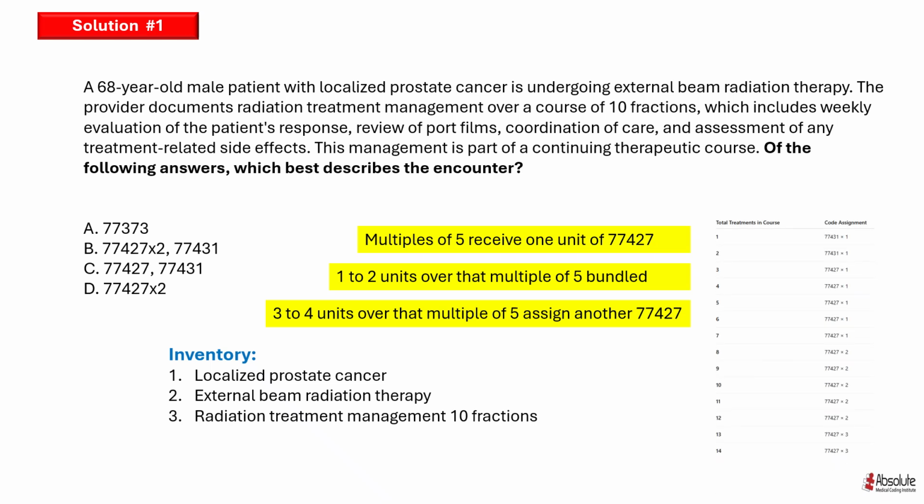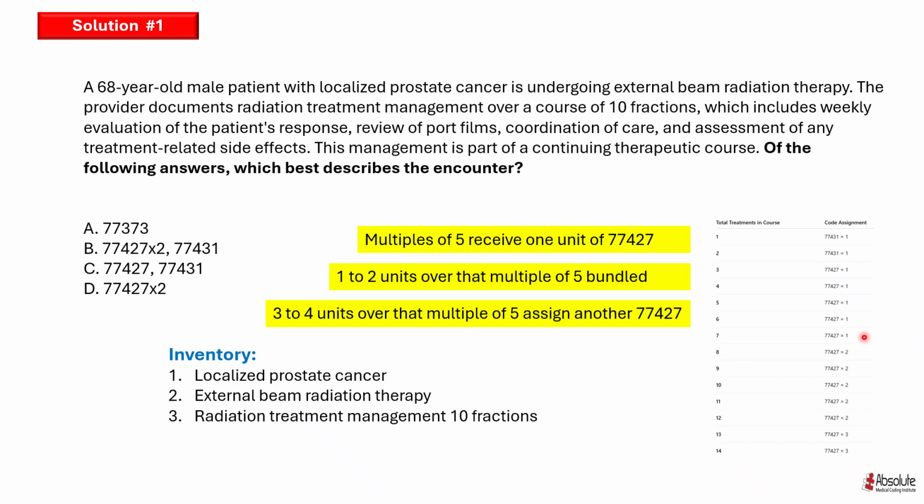So if you look at this chart, that's exactly what's happening. Multiple of 5, let me get my pointer, you get 77427. But 1 to 2 units over that multiple, so 1 to 2 units, there's 1, it gets bundled. See? No additional units of 77427. Now 2 units over that multiple, which would be 7, it's bundled.